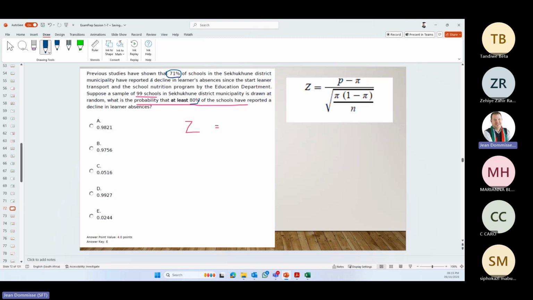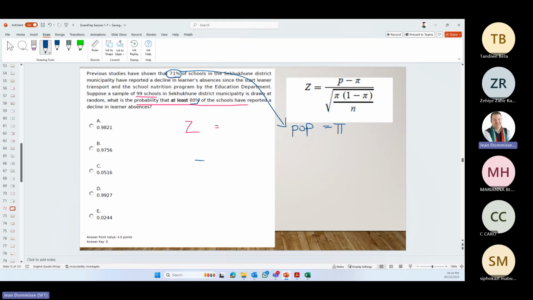Previous studies have shown that 71% of schools, so that means that one is the population, because all previous studies have shown, so that is the population we're looking at. So the population we know is this one. Then they tell us, suppose you're working with a sample, what is the probability that at least 80%?